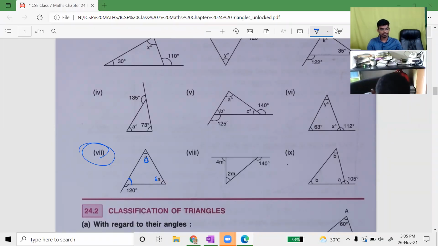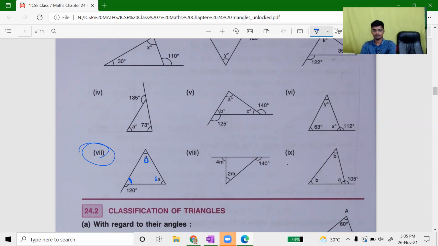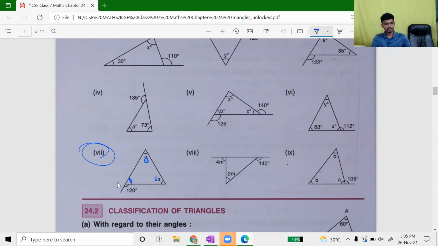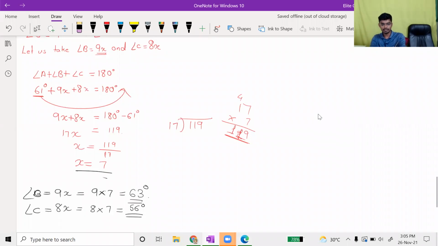How will you find out this angle, beta? 180 minus 120. What is 180 minus 120? 60 degree. If this is 60 degree and these both are also equal, what will be the equation in front of you?